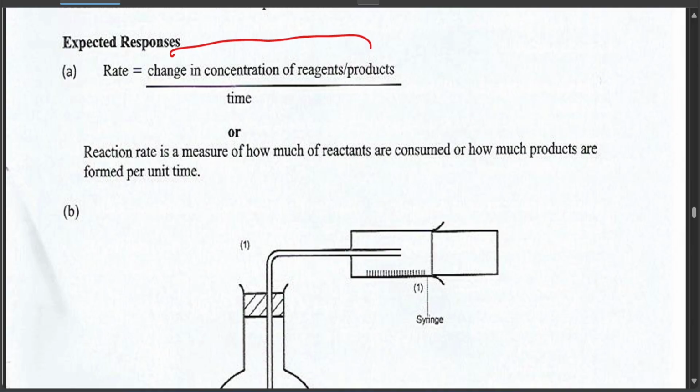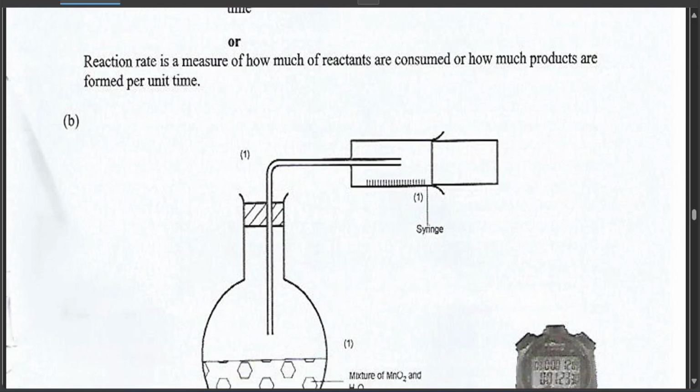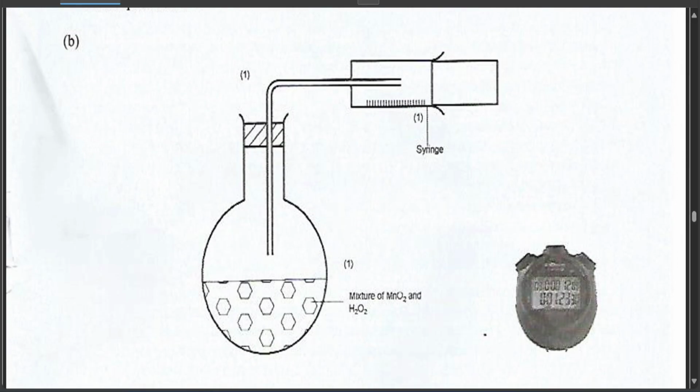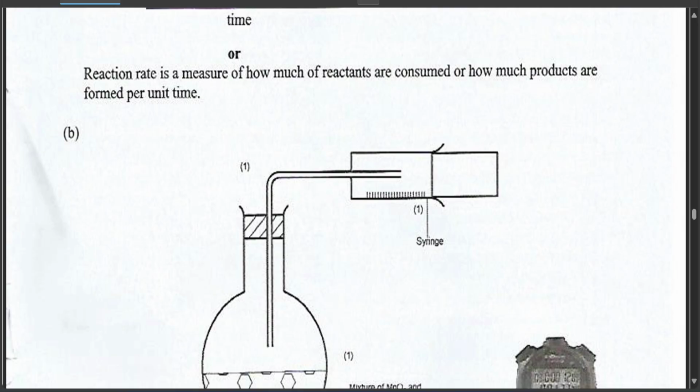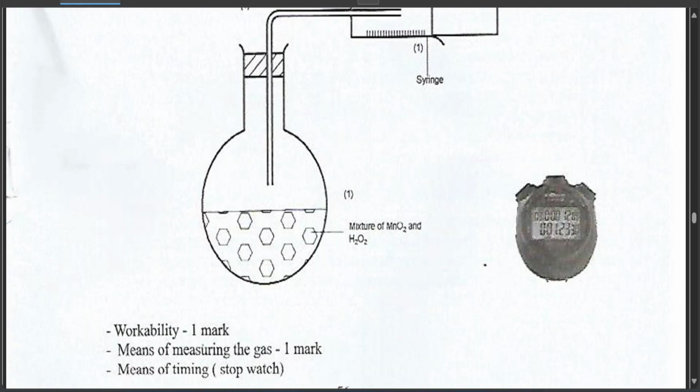That is why we call it a reaction rate. Reaction looks at the products and also at the reactants, so at what rate will those reactants be consumed and at what rate will those products be formed.